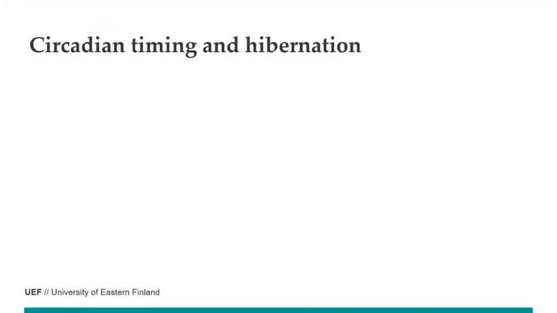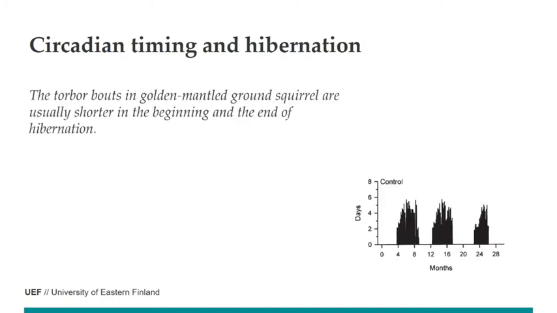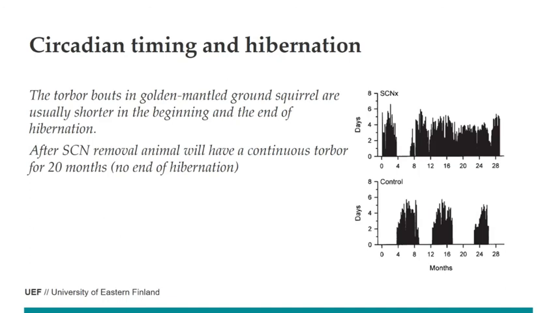And hibernation has actually been studied quite a lot in relation to this circadian timing. So in the golden-mantled ground squirrel, the torpor bouts, the lengths of the daily hibernation, are a little bit shorter at the beginning and end of the hibernation. And if you remove the suprachiasmatic nucleus, they will have a continuous torpor for 20 months. So, never-ending hibernation.